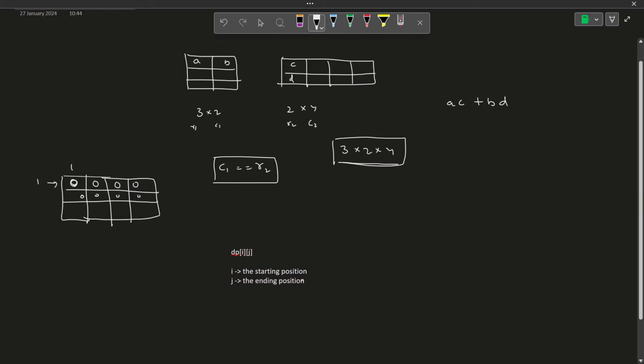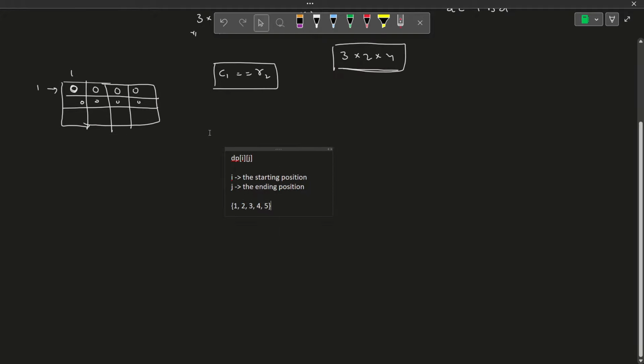Now let us discuss in brief what these starting and ending positions are. Let me just copy this particular thing and paste it here, with some spaces in between. So these are the different positions: 0, 1, 2, 3 and 4, right? Now what are these i and j going to note?